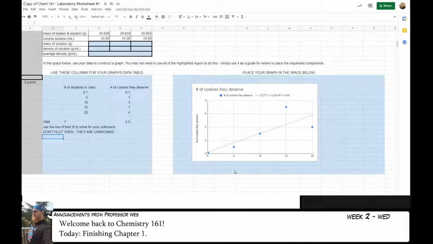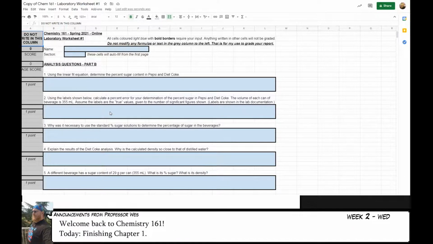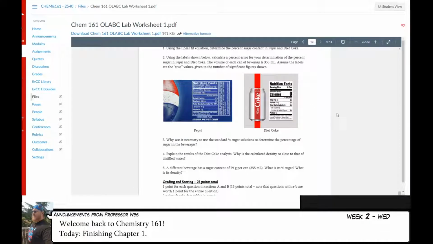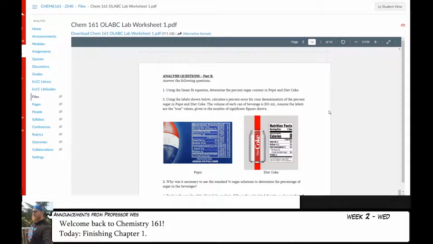Once you've got that graph and you've solved for the concentrations of the unknowns in the Pepsi and the Diet Coke or whatever it is they give you, then you have some more analysis questions. A common issue that comes up with students doing these calculations is they don't know where to get the actual stated amounts on the can. And so the way that we're going to do that is here are the labels on the soda.